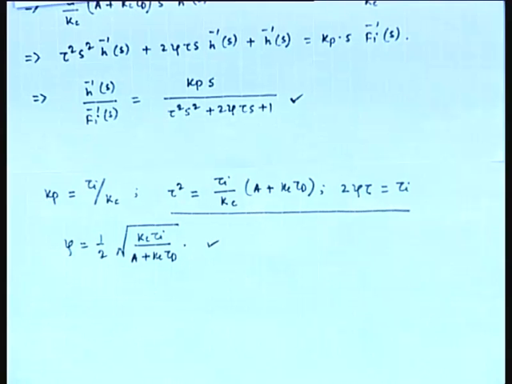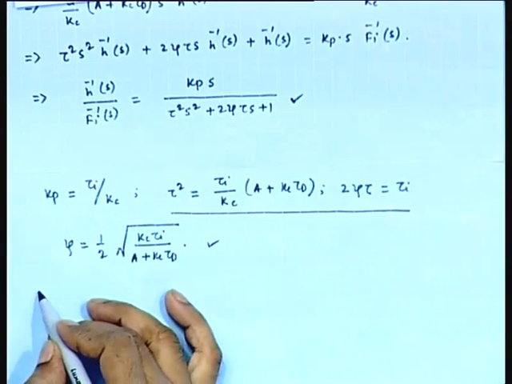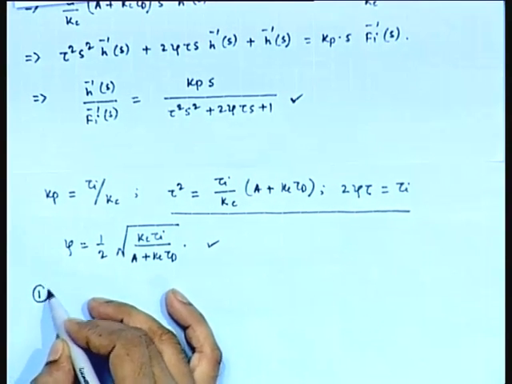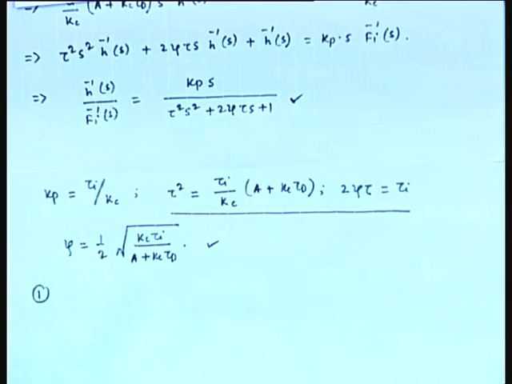Now, we want to conclude. So, our first conclusion is that by employing a controller around a first order system, we obtain overall second order response. This is our first conclusion.